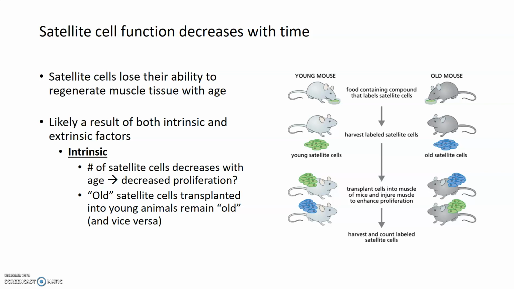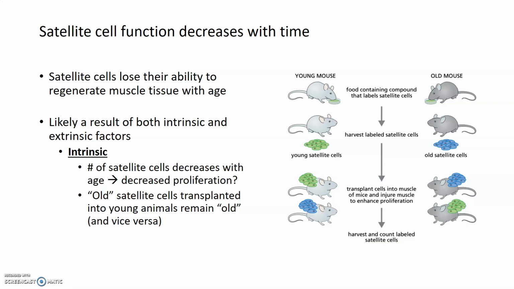It is not telomere related, which is sometimes the cause of replicative or proliferative senescence of cells. But we do know that satellite cells decrease in number in older individuals, so it's possible that this is a result of a decrease in their capacity to divide. But it's not clear what controls that at this time, right?